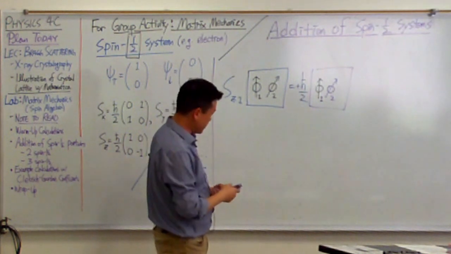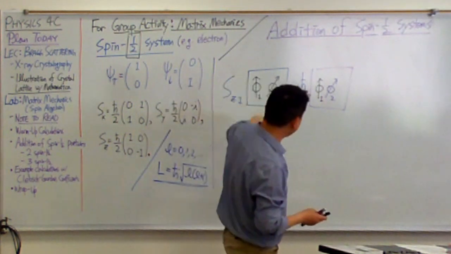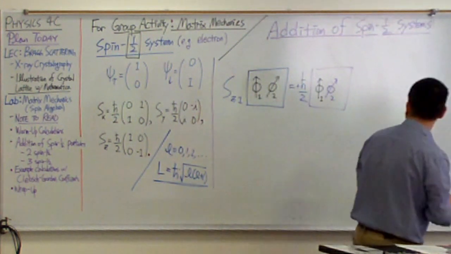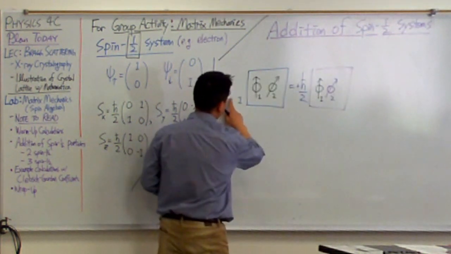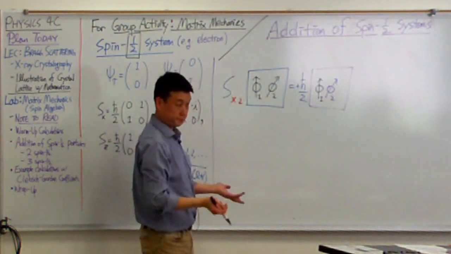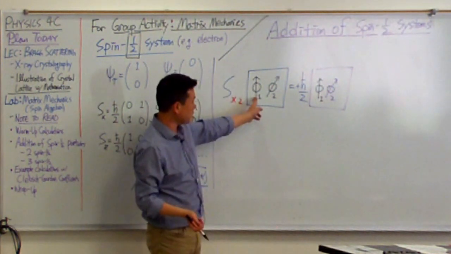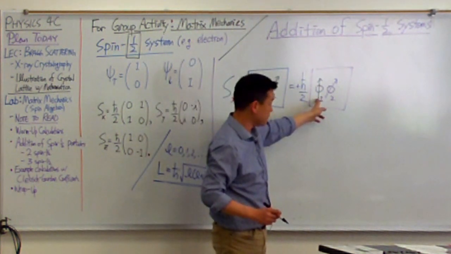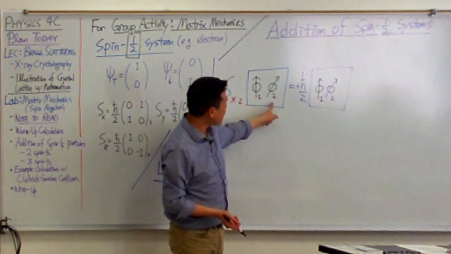imagine that instead of measuring the z component of particle 1, you are measuring, I don't know, the x component of particle 2. Should anything happen to particle 1? Nothing. So the state of particle 1 should remain as it is. Does it look like something ought to happen to particle 2?